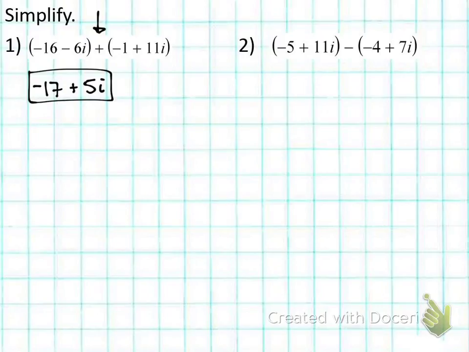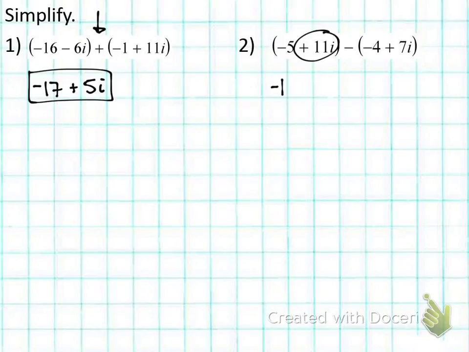Same thing. We got a binomial minus a binomial. Okay. So first thing we want to do, we identify the operation as minus. We have negative 5 as our first real number. So we have negative 5 minus a negative 4. So we're really adding 4, so it's going to be negative 1 as our real number.